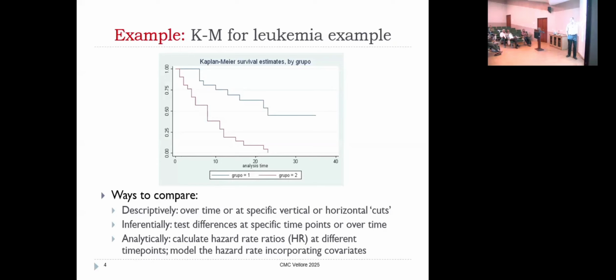Or 50% will be more time will occur later in the intervention. But a priori, you specified it, you could compare them. Or inferentially, we're going to do the test either pre-specified or over time, and we'll calculate the hazard ratios.